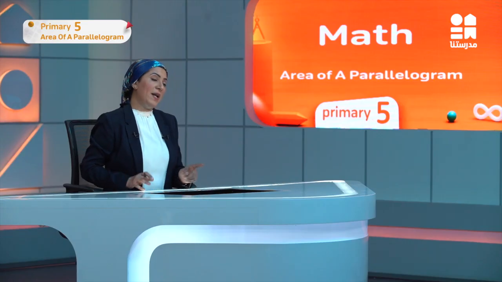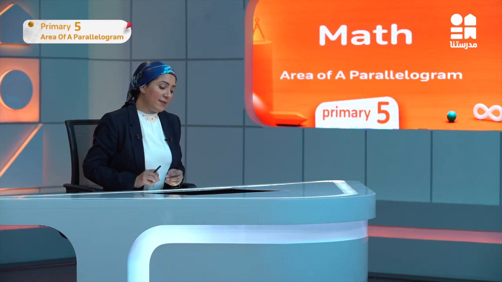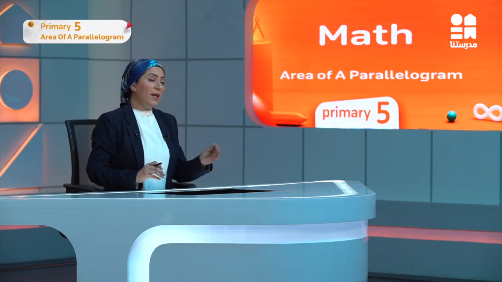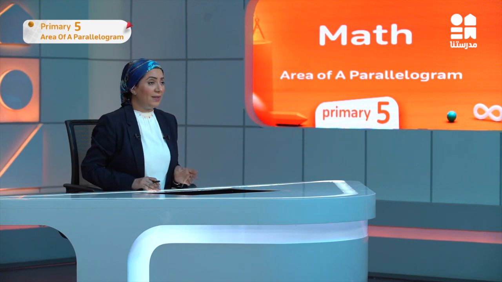Okay? So I have proved my second fact, that the area of a parallelogram does not change even if I use a different height and a different base. Both of them are going to be equal, or it will be equal in both cases.